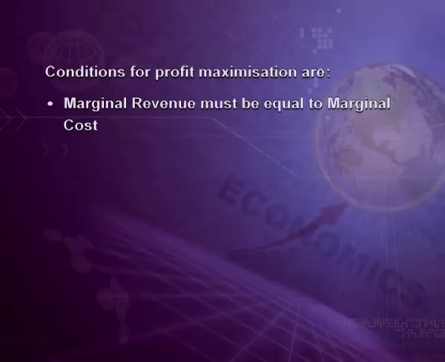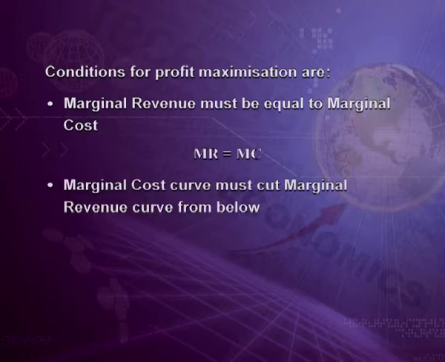We can say that the conditions for profit maximization are: first, marginal revenue must be equal to marginal cost, MR equals MC, and second, the marginal cost curve must cut the marginal revenue curve from below. We will explain these two conditions in detail with the help of a diagram in our further lectures.